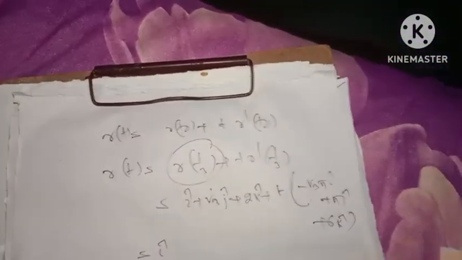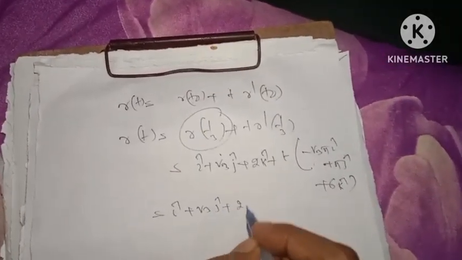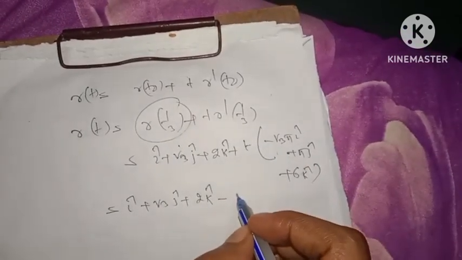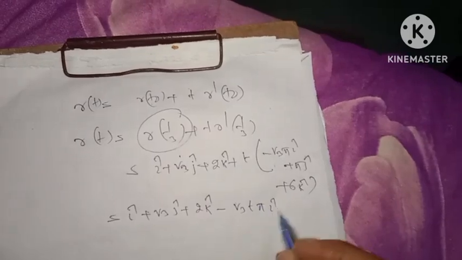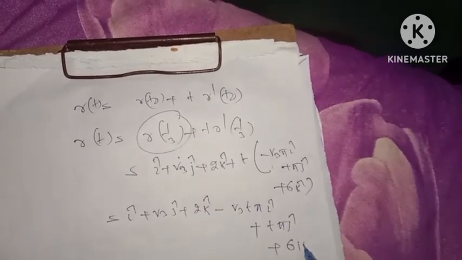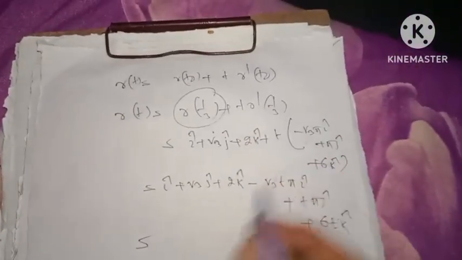So this is the i cap plus root 3 j cap plus 2 k cap minus t root 3, this is the minus root 3 t into pi i cap, this is the plus t pi j cap plus 6 t k cap multiplying t.